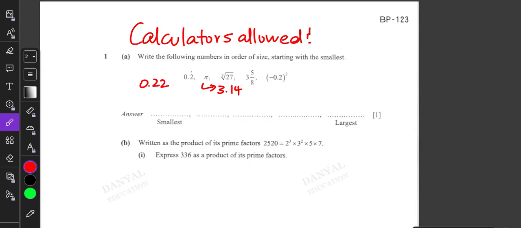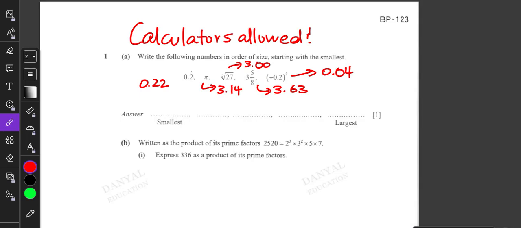Your answer is 3. Then 3.5 over 8, 0.63, and minus 0.2 squared, which is 0.04. Out of this you should arrange it from the smallest to the largest.